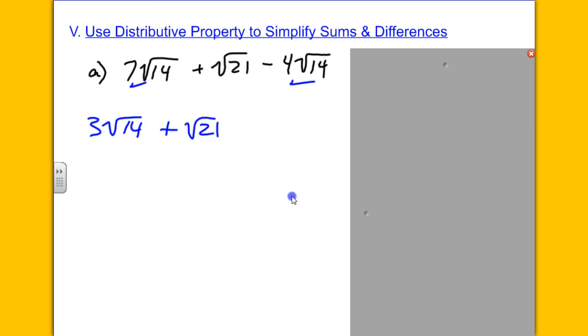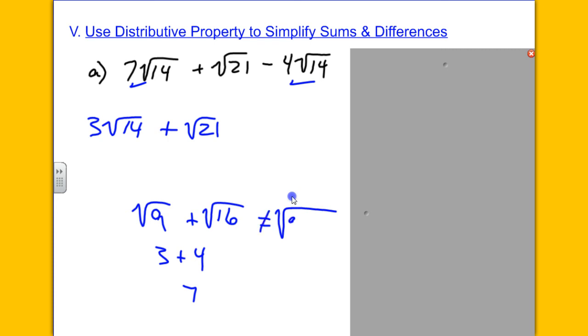Okay? And to prove that, I'm going to show you a little example. Square root of 9 plus square root of 16. So what is the square root of 9? 3. And the square root of 16? 4. So we know that the square root of 9 plus the square root of 16 is what? 7 when you do that, right? So you could not say the square root of 9 plus the square root of 16 is the square root of 9 plus 16.